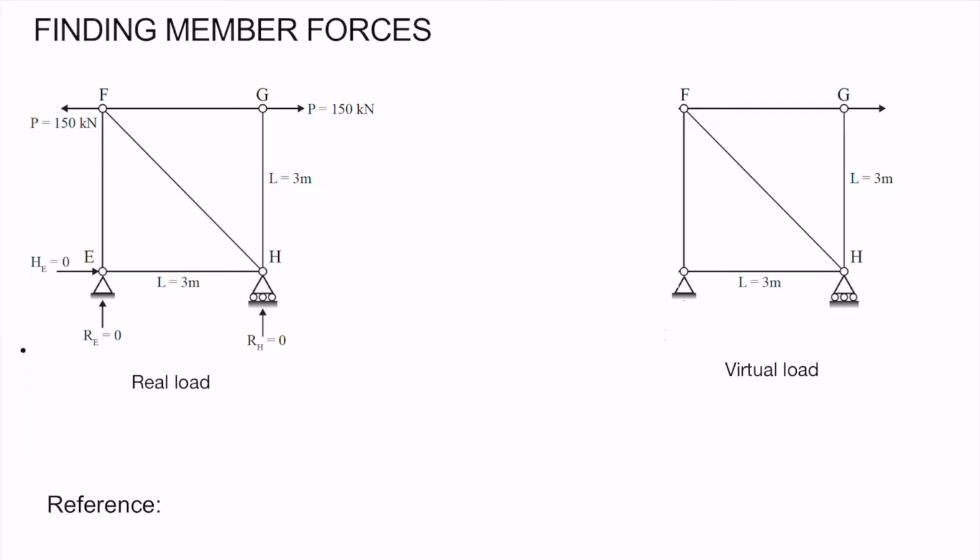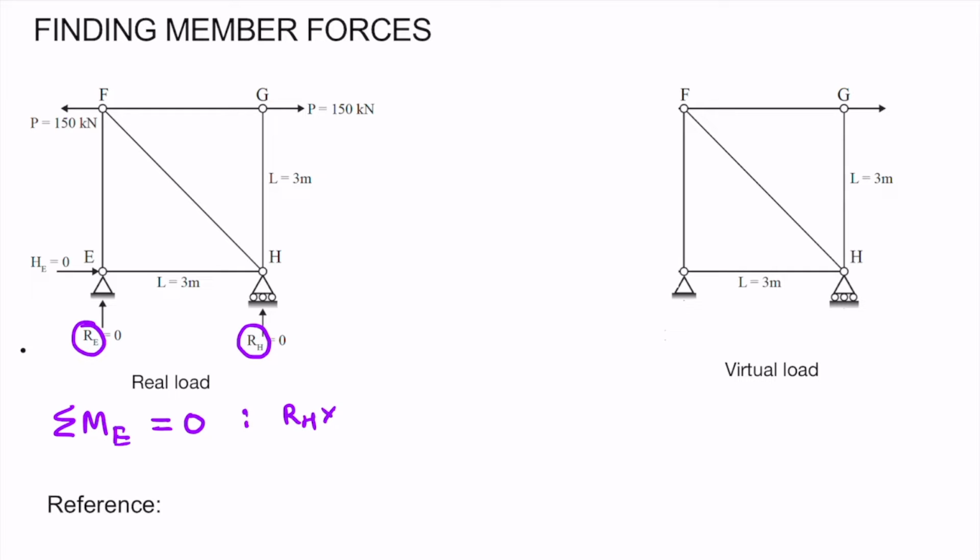Firstly, we'll find out the reactions at point E and H. So let us call it as RH and RE. So we can put it like summation of moment about point E equal to 0. Then what it will be?